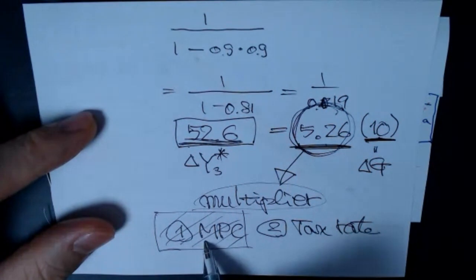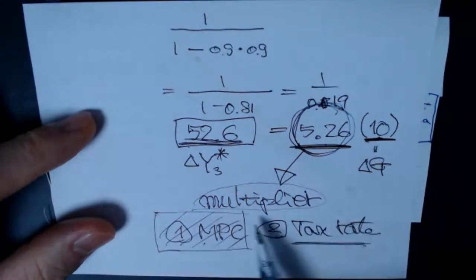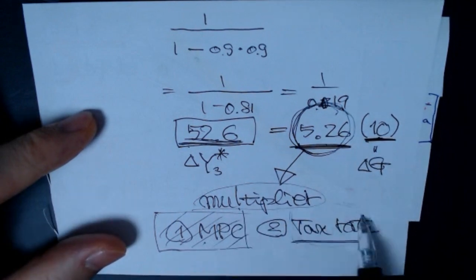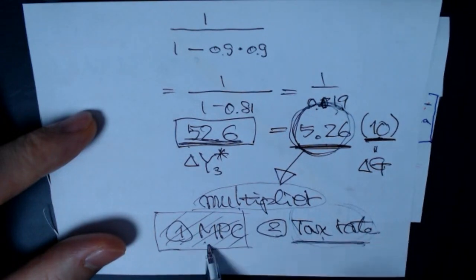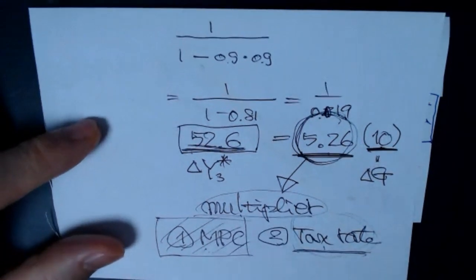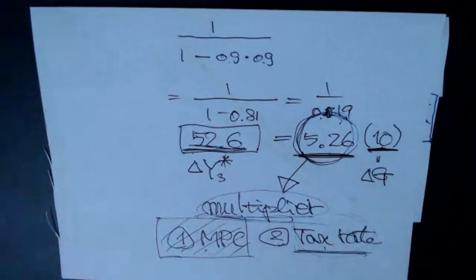So the greater the MPC, the greater the multiplier. Easy, right, to get it. The greater the tax rate, the smaller the multiplier. The reason is that people have to pay more proportionate tax, so they are left with a smaller amount of income to spend. Greater MPC means that given income, people spend more and more from it, so the multiplier must be bigger. So this is the basic concept of the multiplier.